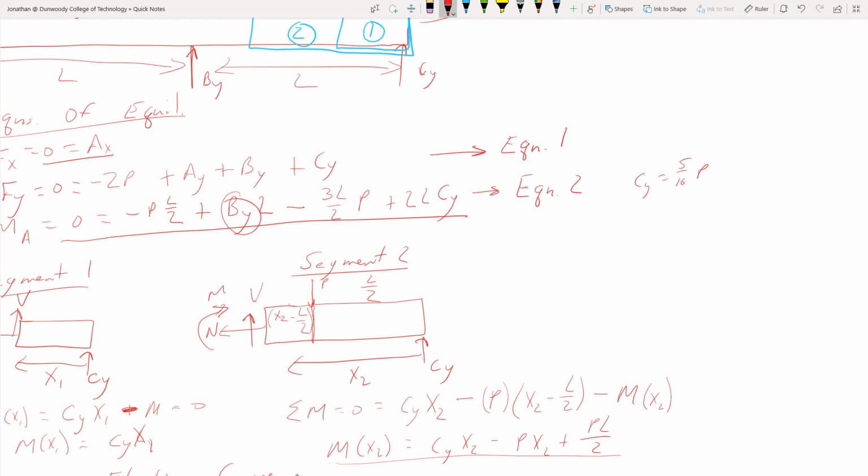I'm solving for B, so I get PL over 2 plus 3L over 2 times P. Move those two to the left side.